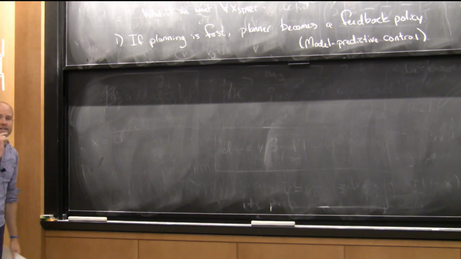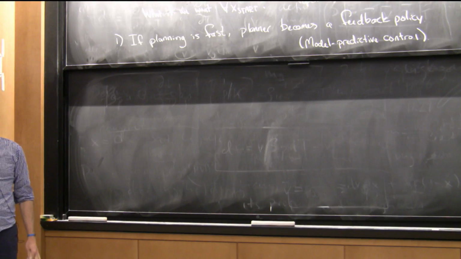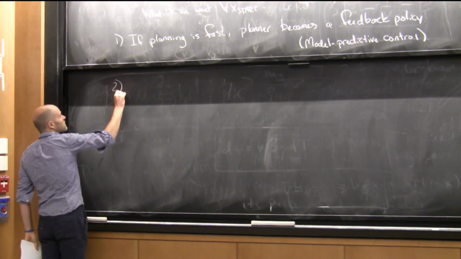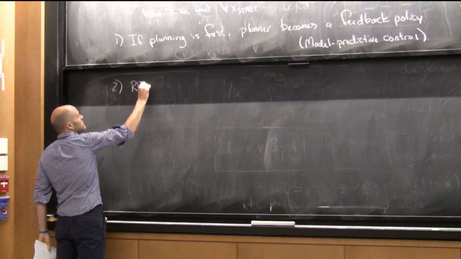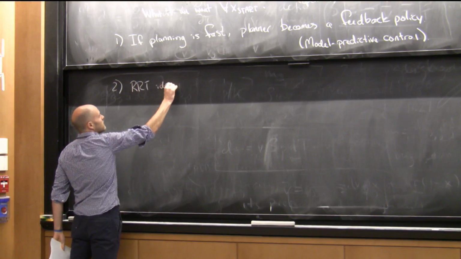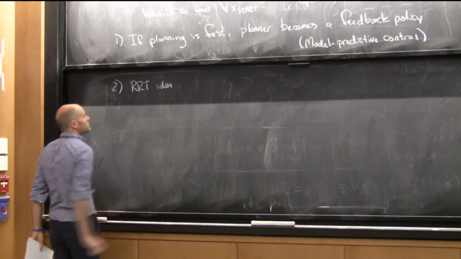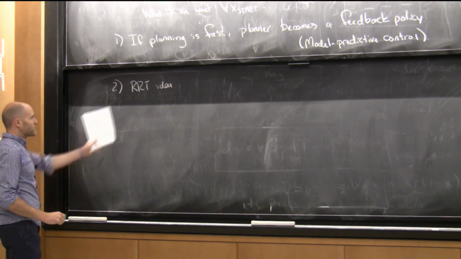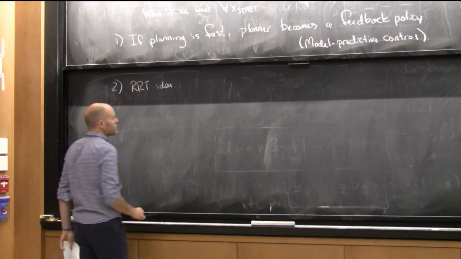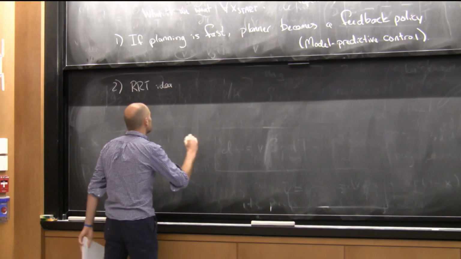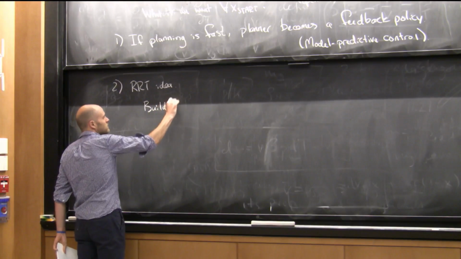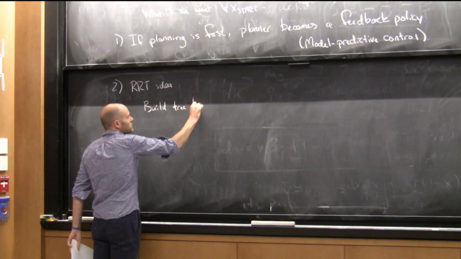The RRT idea does permit a nice idea here. There's an idea that I want to start with that extends naturally from what we talked about last time, the rapidly exploring random trees, right? What if we build the RRT backwards from the goal?